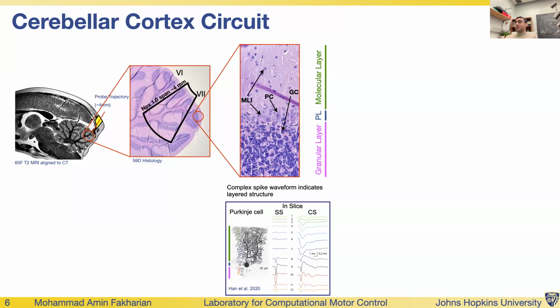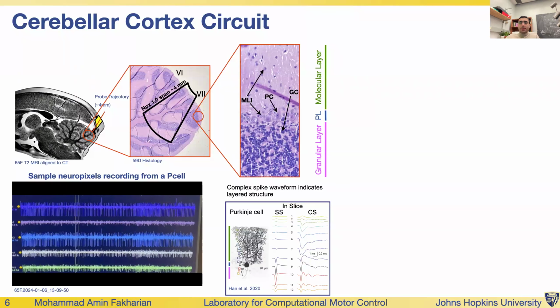And as previous studies have shown, complex spike waveforms indicate layered structure. So using the climbing fiber signature, we're able to tell if we're in the dendritic tree, where the spike has a downward slow waveform, or near the soma, which has a sodium spike, followed by a calcium phase and the spikelets. Here is an example recording using Neuropixels.